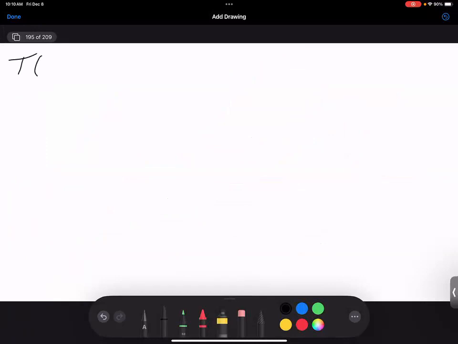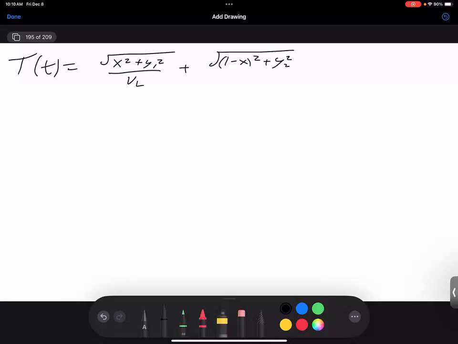Right. The time is going to be the square root of x squared plus y1 squared over v land plus the square root of 1 minus x squared plus y2 squared over v water. And 0 less than or equal to x less than or equal to 1. How do we find what value of x is going to be the best one to use?